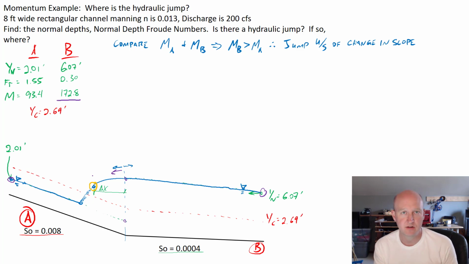And that depth, it turns out, is the conjugate depth of our uniform depth, right? So this is all the same depth here, and the specific forces on either side of a hydraulic jump are the same. That's the rule. That's how it works. And so we want to take a look at that.